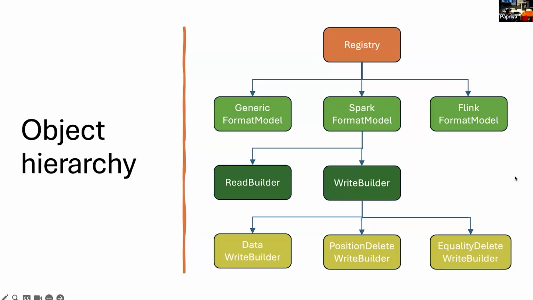But we have the data builder, positional delete builder, and equality delete builder interfaces, which are providing the actual files, data files, positional delete files, equality delete files, which could be added to an Iceberg table. And the registry actually creates those. These are internal for the whole stuff. So what you are doing is just going to the registry, requesting a reader or requesting a writer for your file format, and you can do that.